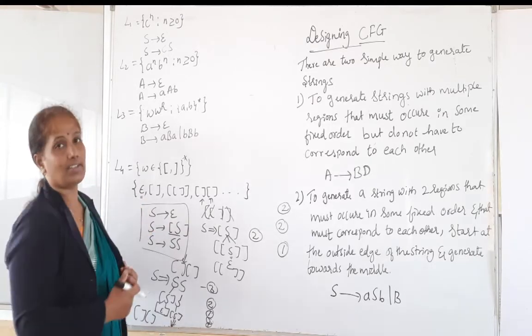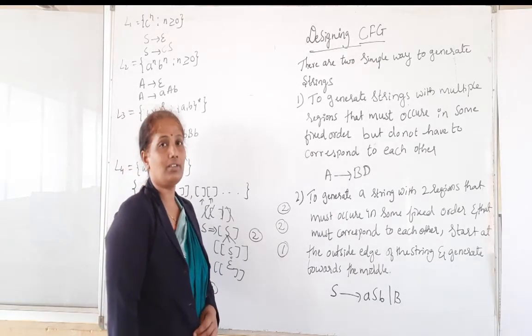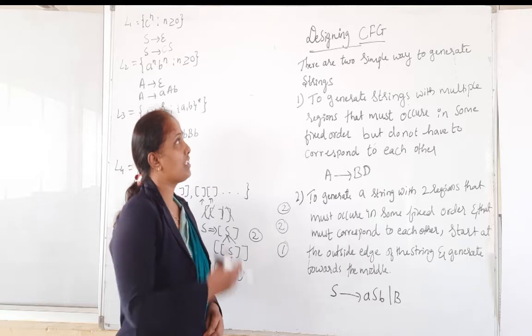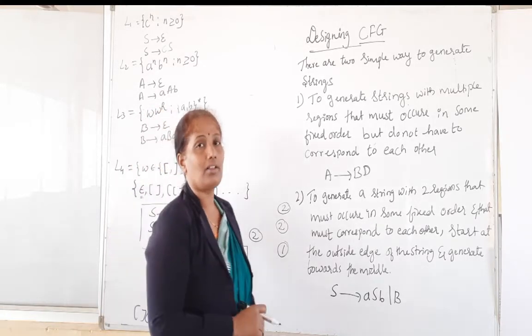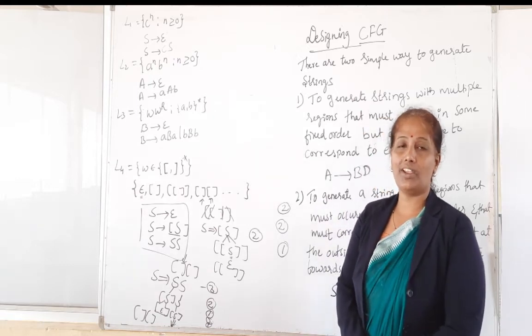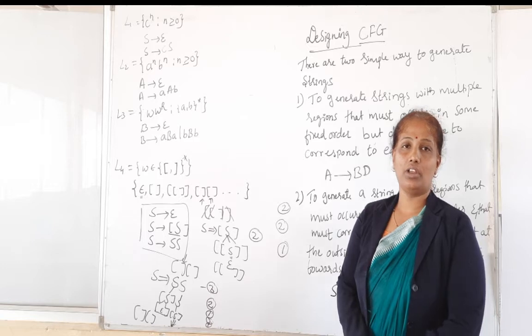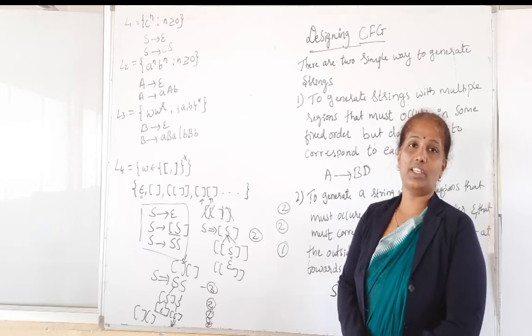Next, we will move to the next concept where we are going to discuss designing of the context-free grammar. Designing of the context-free grammar contains two simple ways to define the strings which belong to two regions, where these regions correspond or do not correspond with each other.